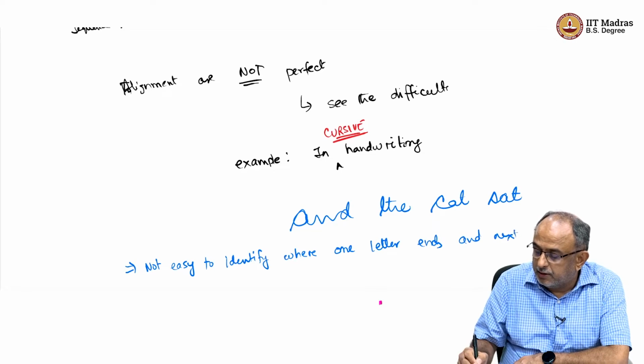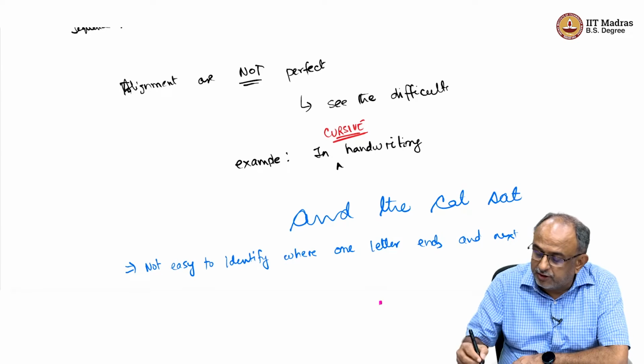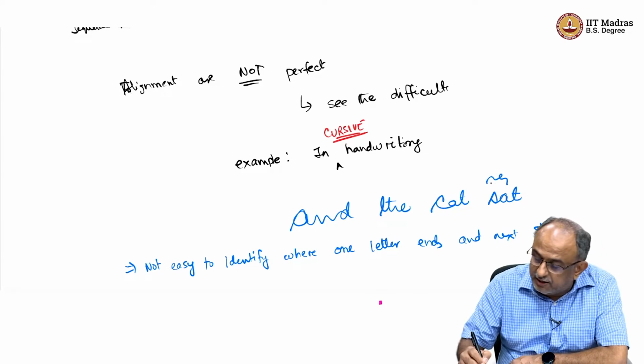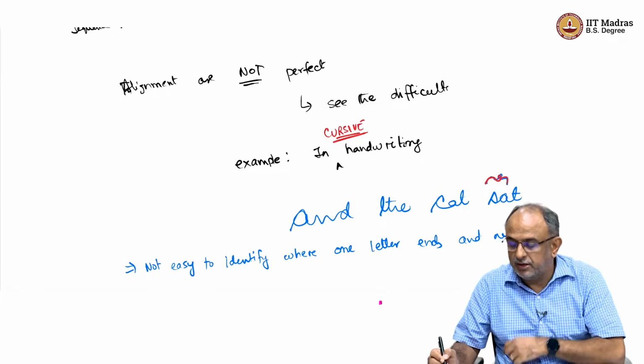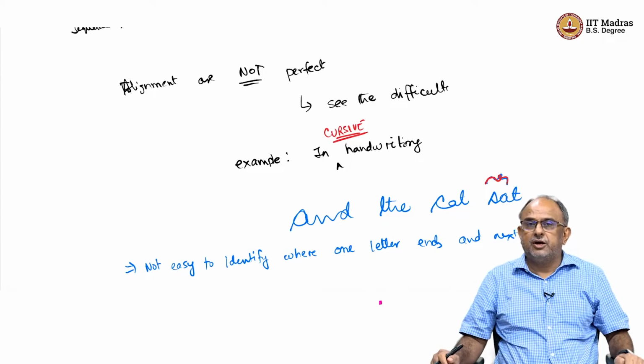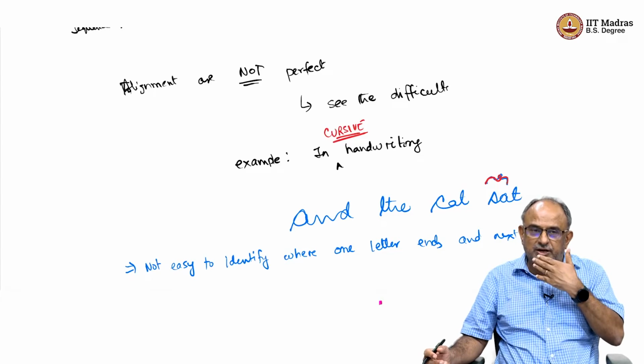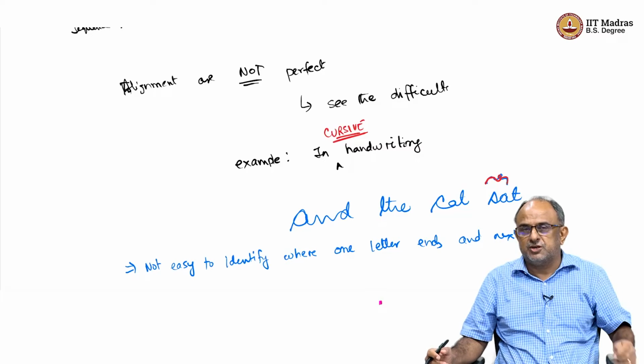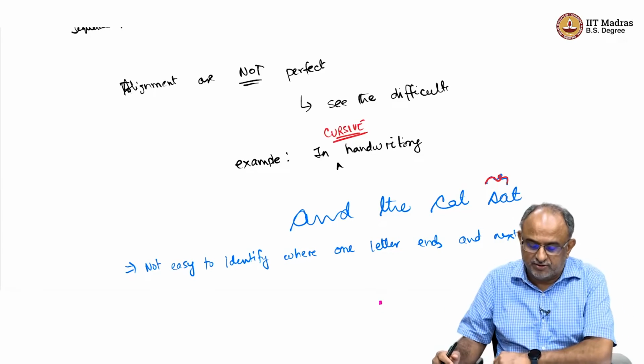So, for example, here, do you know where S ended and A started? Not very clear, right? So, the same thing, the boundaries are very difficult, because like cursive writing, this is continuous spoken speech. So, there are no clear boundaries.